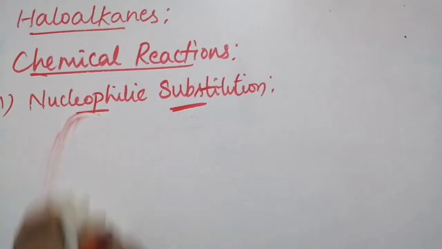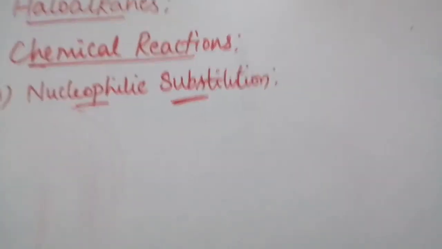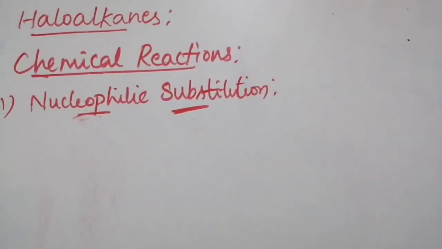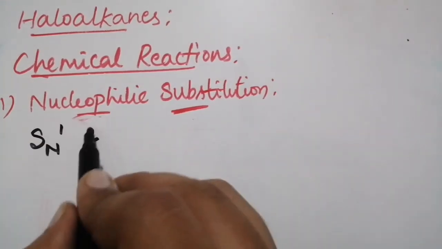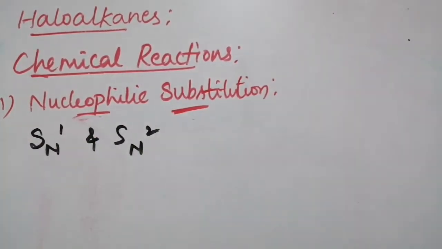What are those? That is first order, unimolecular substitution reaction, and bimolecular substitution reaction, and simply we call them SN1 and SN2 reactions, wherein this will be a 100% asked question, either SN1 or SN2. 100% asked questions in PUC exam for 3 marks or 2 marks.